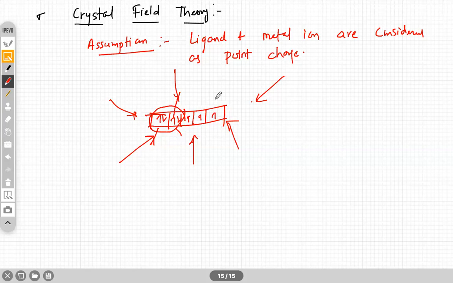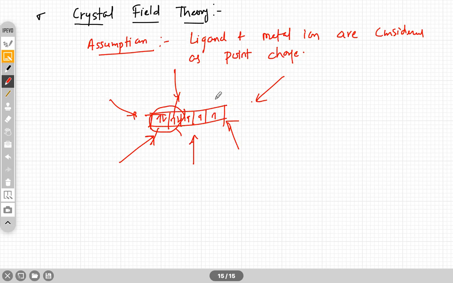So we can conclude that when the ligand tries to donate electrons into the orbitals of the metal, there will be uneven repulsion, because of the presence or absence of electrons.